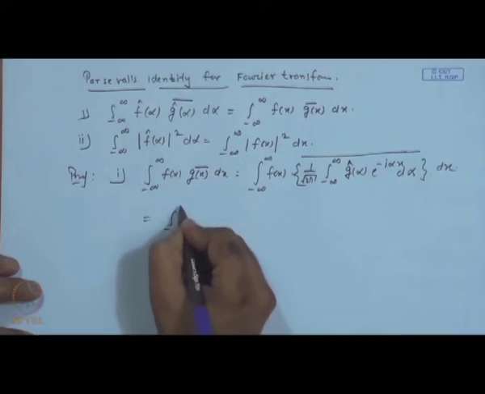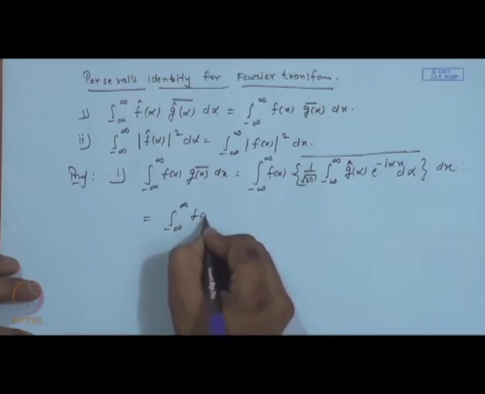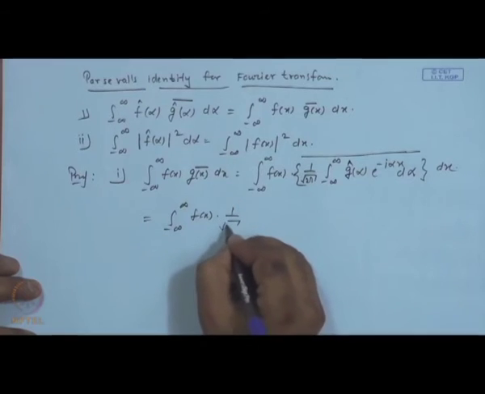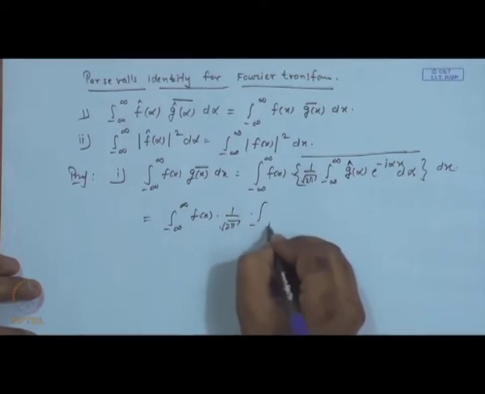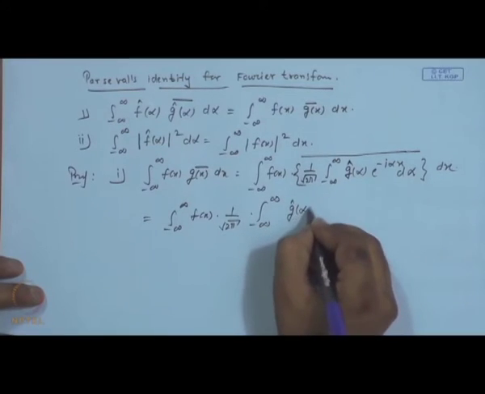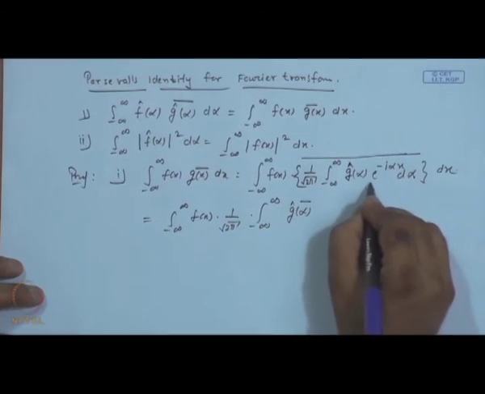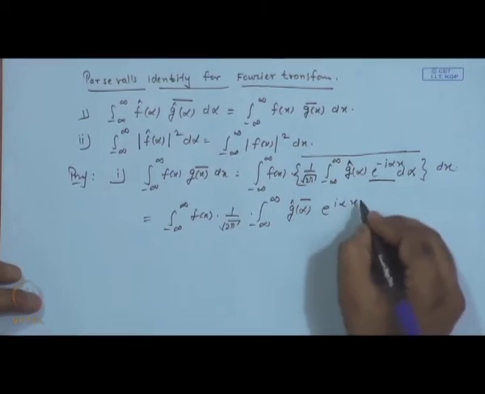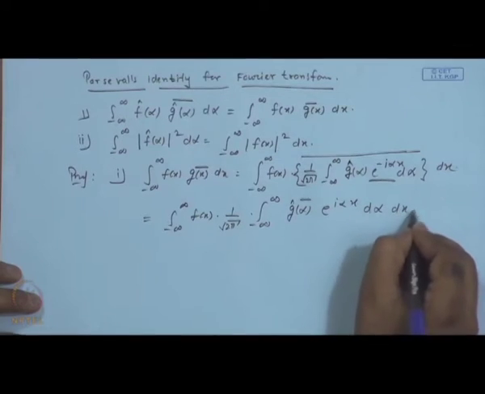So, we have the integral of f(x) multiplied by 1 over square root 2 pi, integral from minus infinity to plus infinity of g hat alpha complex conjugate, and complex conjugate of this, which is e^(i alpha x) d alpha dx.